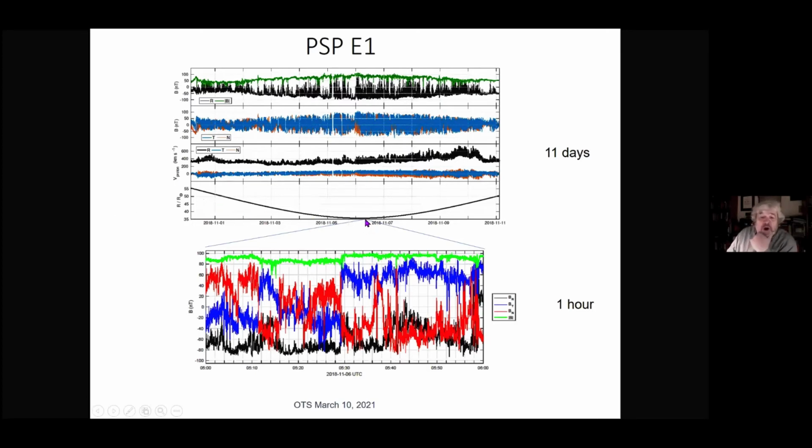Now, if you blow up 1 hour of that period right here in the middle, you get something that looks like this at the bottom. And you can see again that there's a fairly constant magnetic field in green, and you see in black the radial magnetic field occasionally almost reversing, and in fact reversing here and over here on the right.